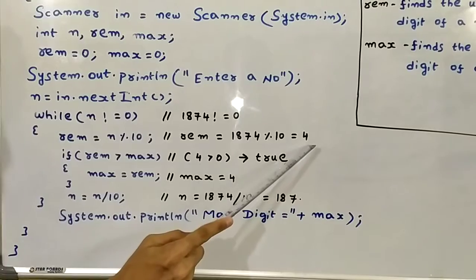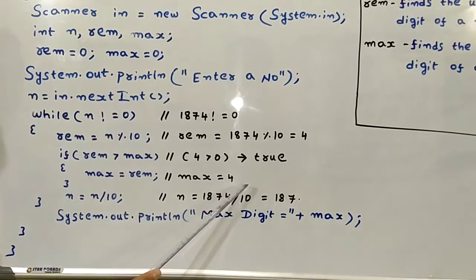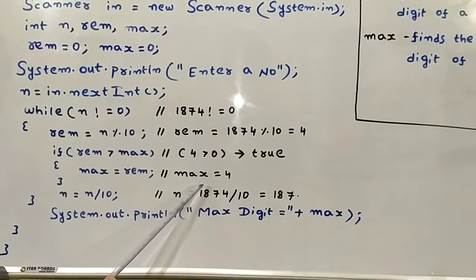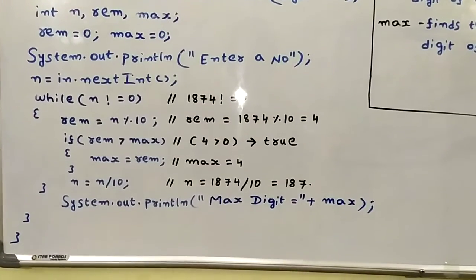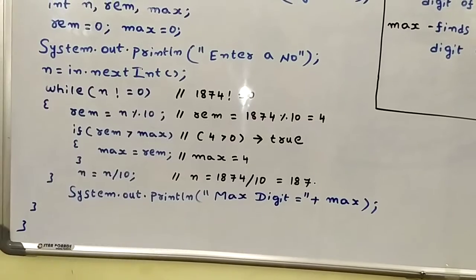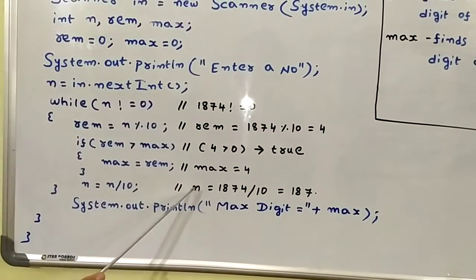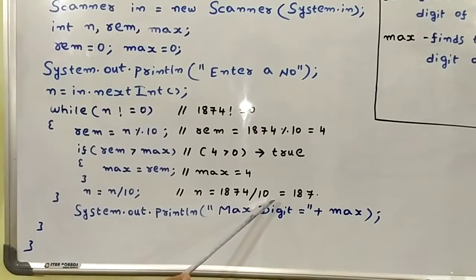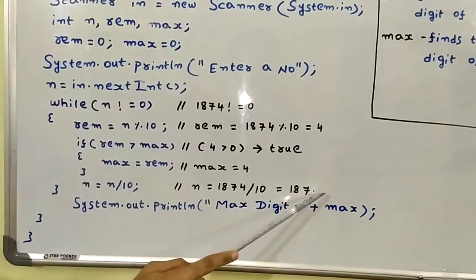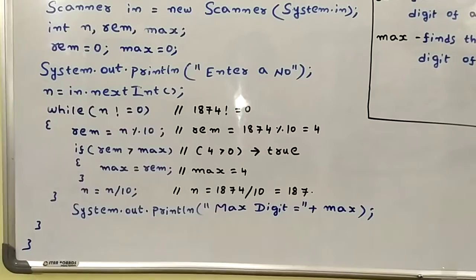That rem value is equal to 4. So therefore, 4 is going to get stored within the max. After this, n is equal to n by 10. The n value is going to get diminished by 10. That means in our example, n is equal to 1874 by 10. It is going to result in 187.